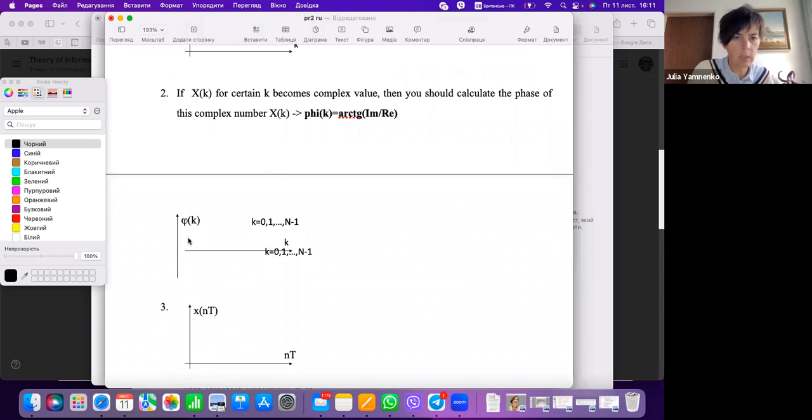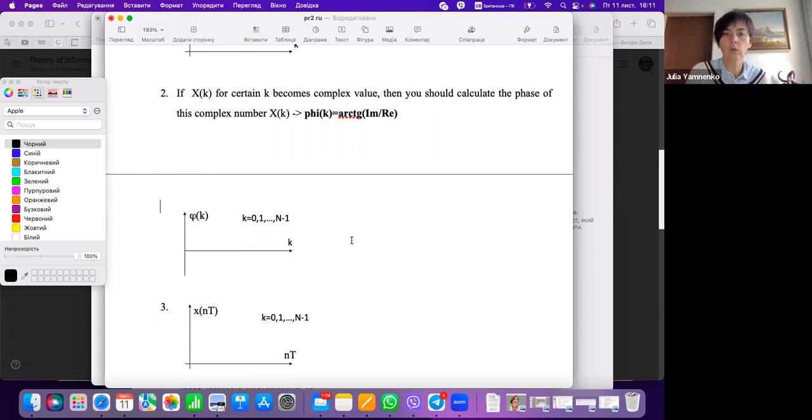Now let's make our graph a little bit more beautiful. So for k equal to 0, 1, 2, 3, and 4, you should put 5 numbers of the phase here on the graph number 2.